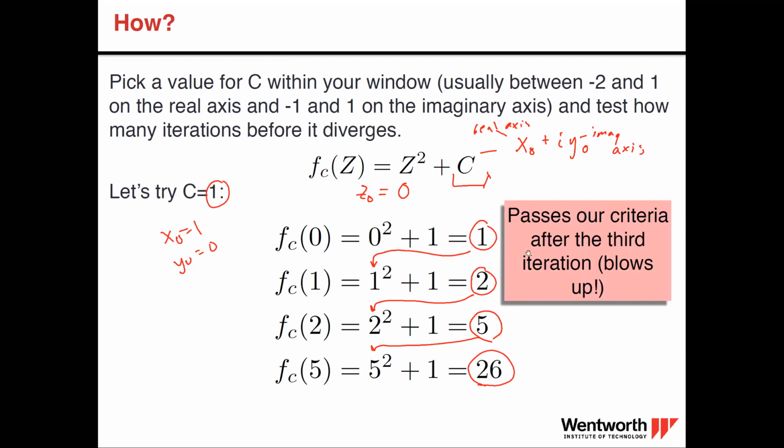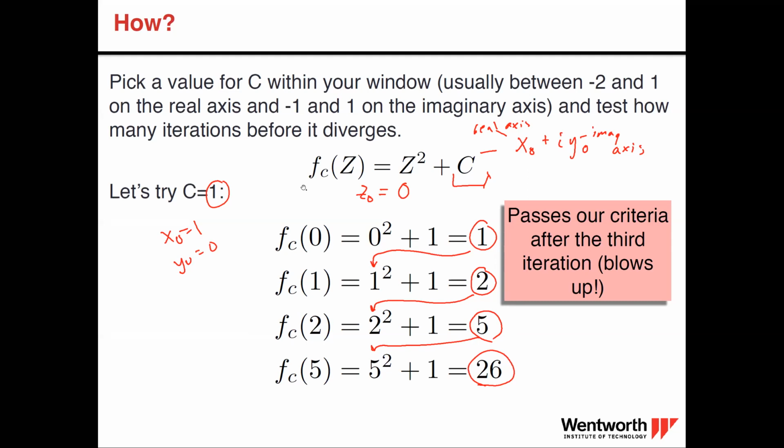So this passes that criteria. Remember, our criteria was the magnitude squared of Z being greater than 4. So that basically blows up here in this third iteration. This squared is greater than 4. So it blows up.